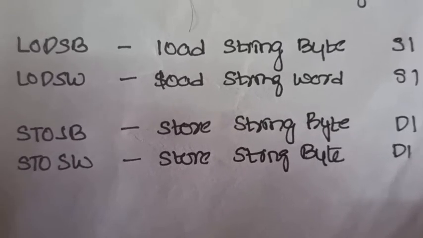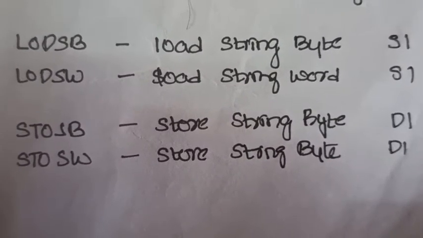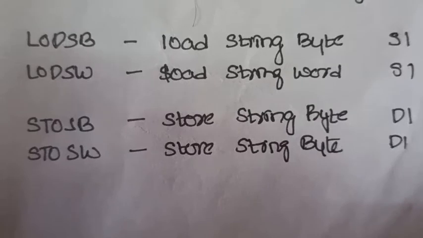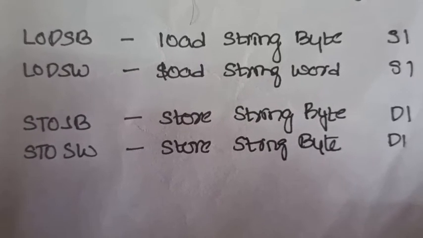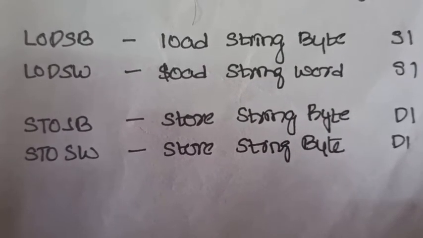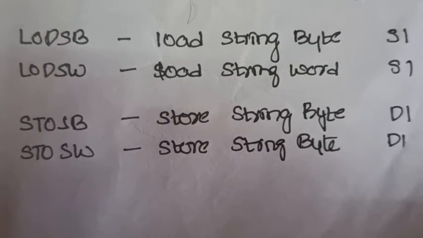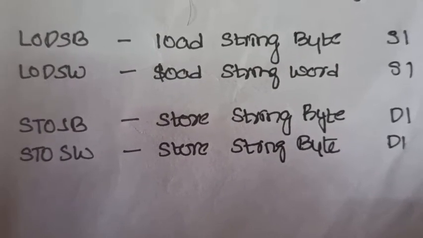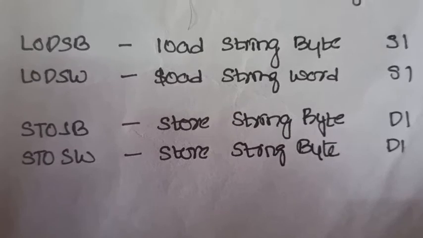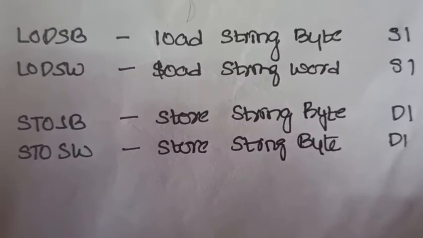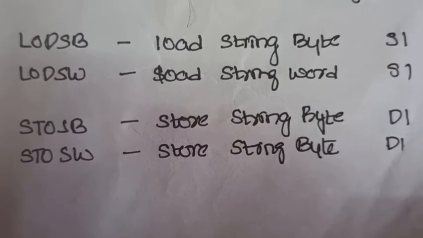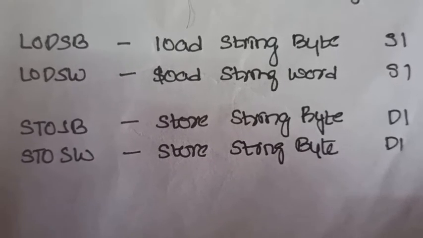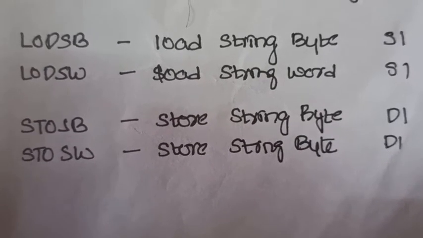Load string word loads word data from the SI memory location. Similarly, store string byte: whatever data was loaded, if you want to store it back, store string byte stores the loaded data into the memory location pointed by DI. Store string word stores the word data into the memory location pointed by DI.